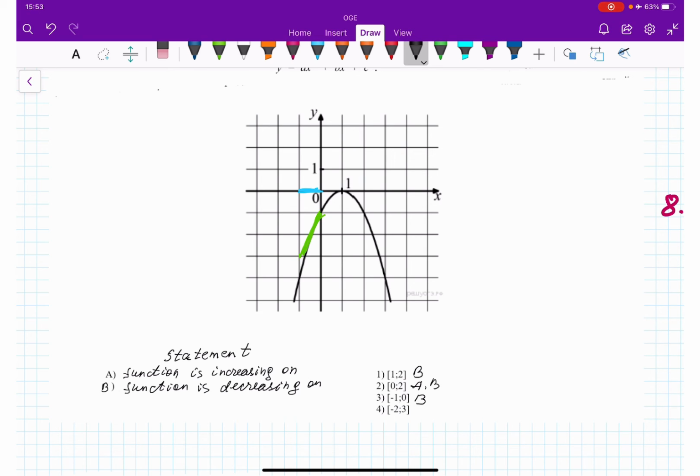And the fourth one, -2 and 3. -2 and +3. This piece. So again, it's increasing and then decreasing, right?